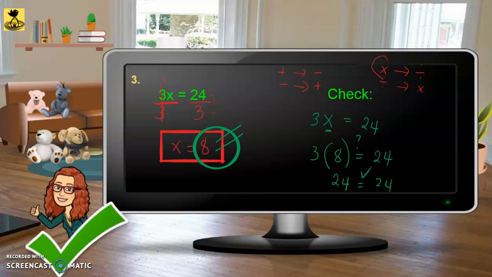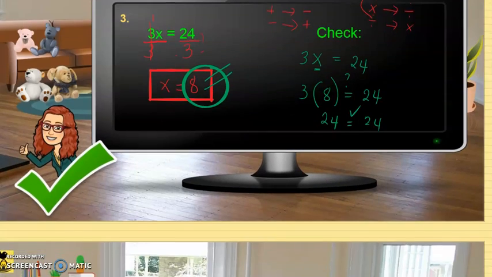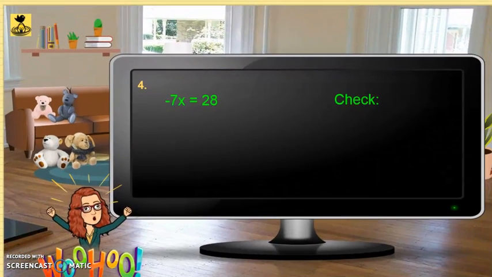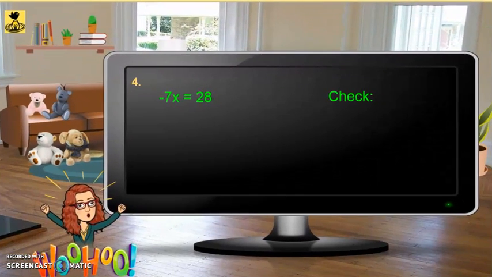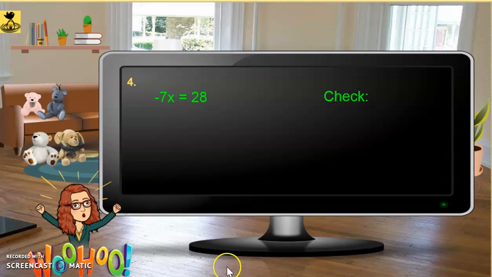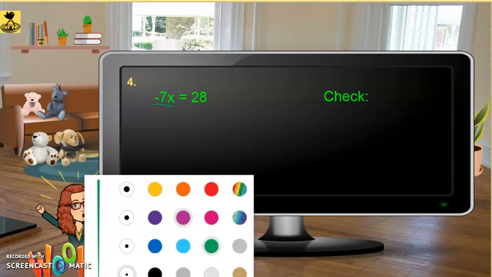Okay, next one, number 4. Number 4 is negative 7x equals 28. So again, this is multiplication. Negative 7 times a number equals 28. So let's apply the division property of equality. So we divide, okay, let me just change the color.